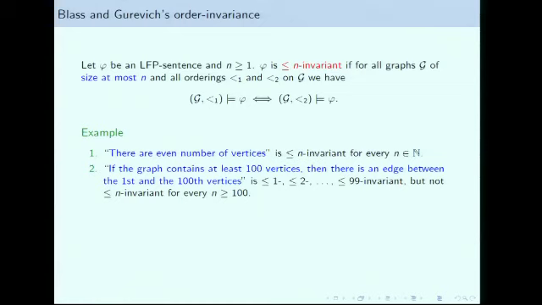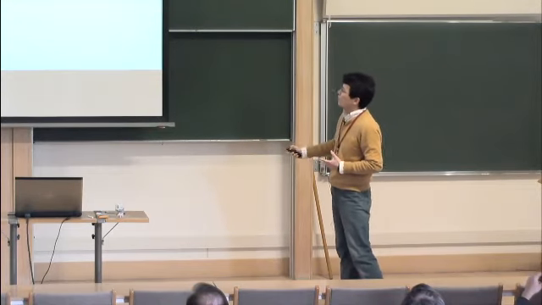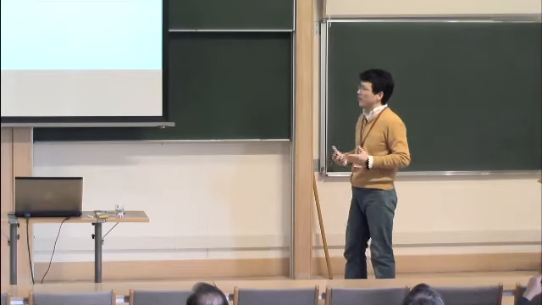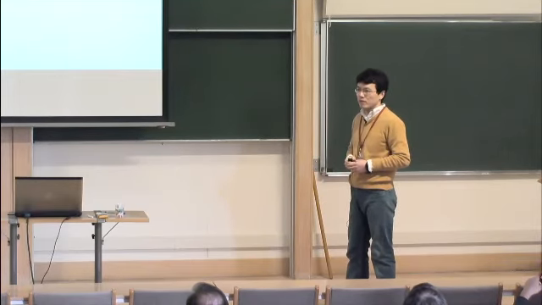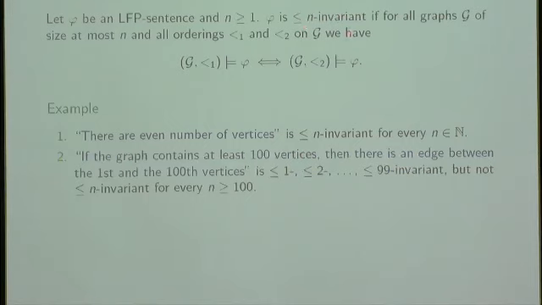It's less than equal to 1, less than equal to 2, up to less than equal to 99 invariant, but not less than equal to n invariant for every n at least 100. To see the first, it's simple because the premise is violated in case G contains less than 100 vertices. So this is an example which is less or equal to n invariant for some n, but not order invariant.